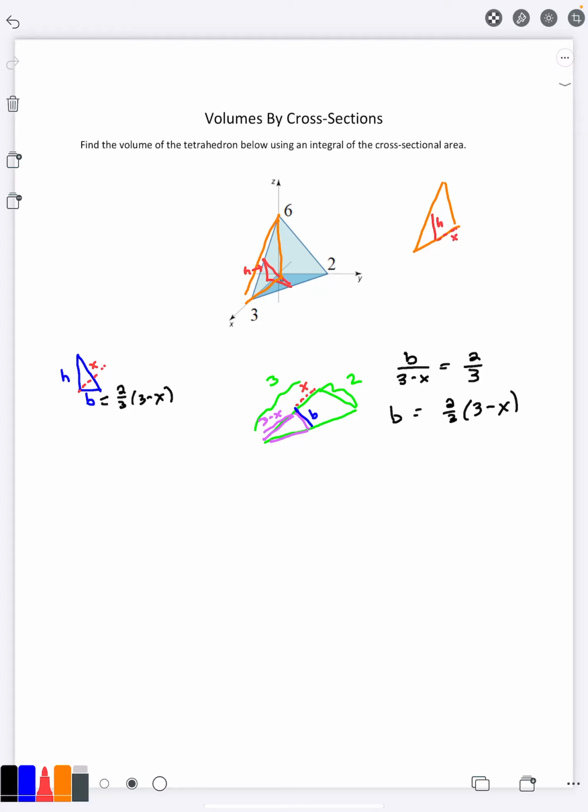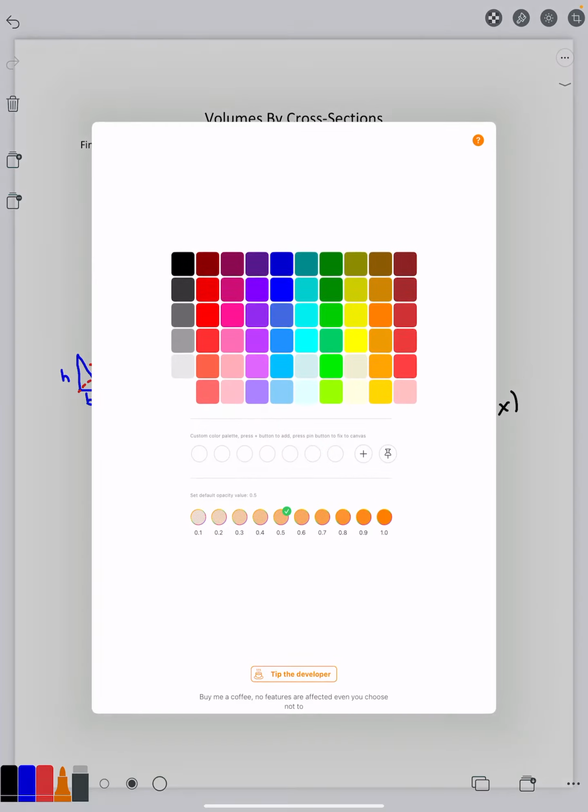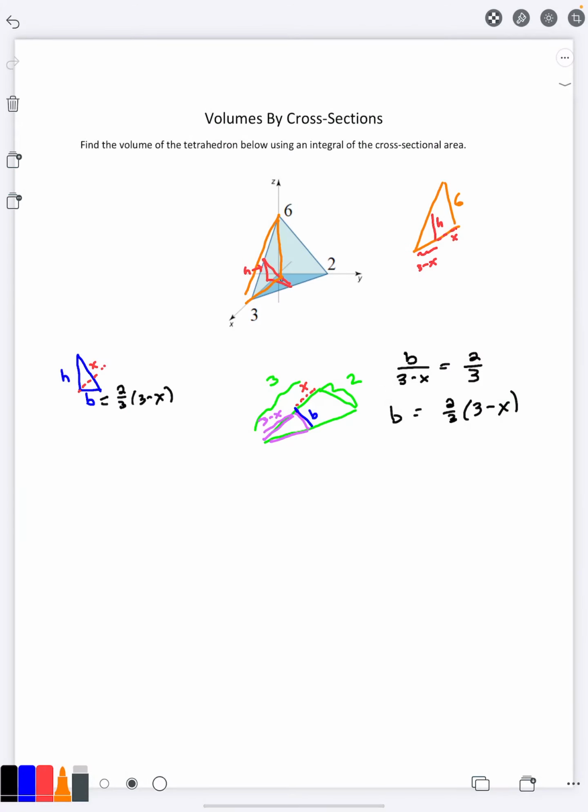We know the total length is 3, so this part is 3 minus x again. And then we know the height of this one is 6 at the far end. So setting up an equation for that gives h over 3 minus x is 6 over 3, the total length. So h is 6 over 3, which is 2, times (3 minus x).